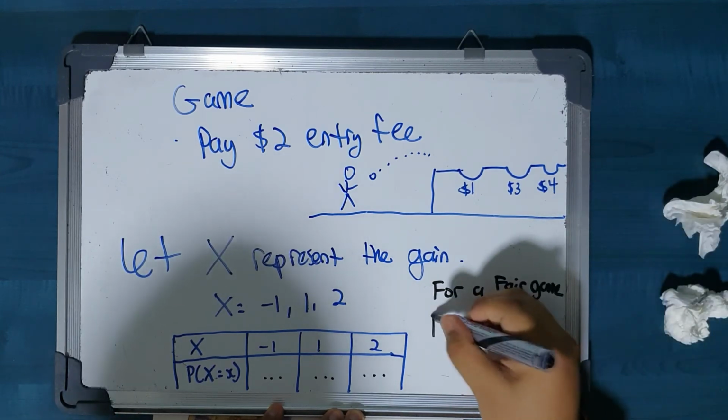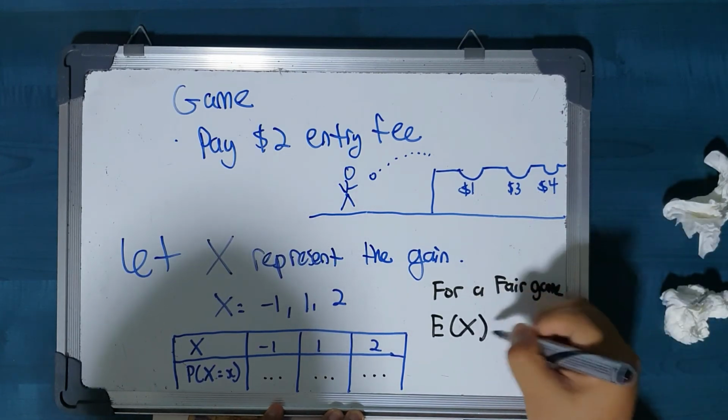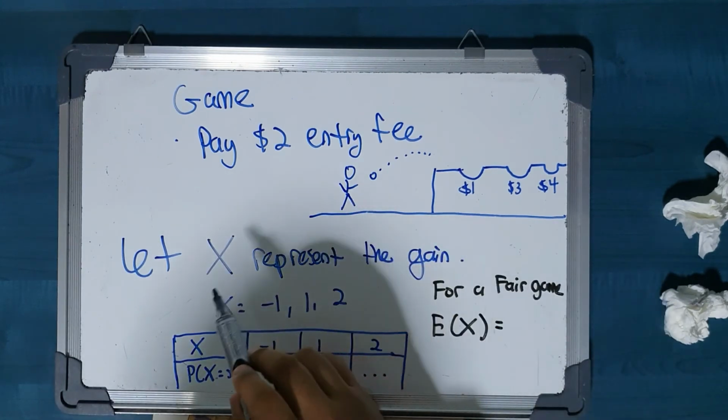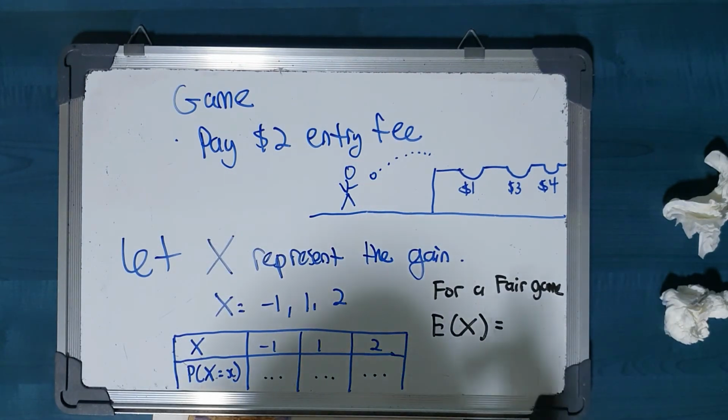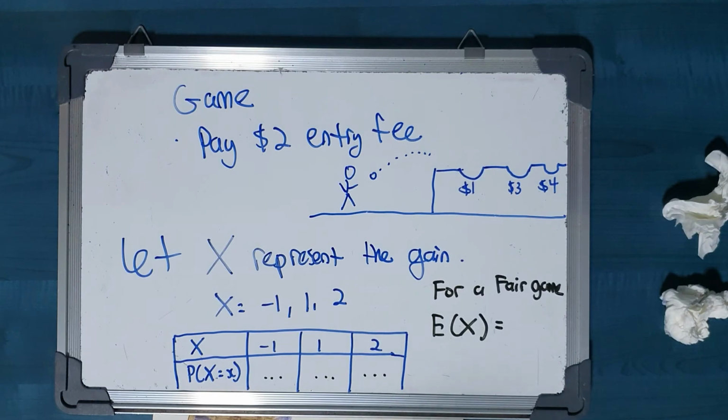what do you think will be the expectation value of my new X now? Remember X now represents the gain, and in a fair game you neither win nor lose. So what do you think will be an expectation value for a fair game when X represents the gain?